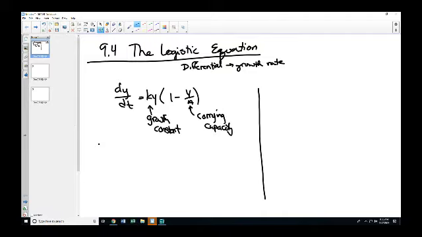You have carrying capacity. What's going to happen if the population starts out with an initial value bigger than carrying capacity? So this is the initial value, right? We're going to see a decline in the population.